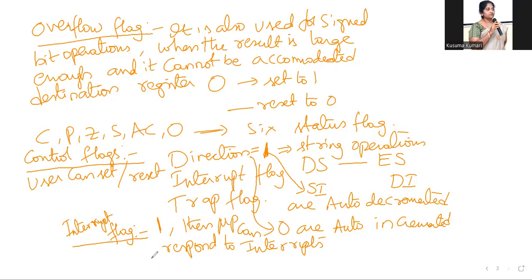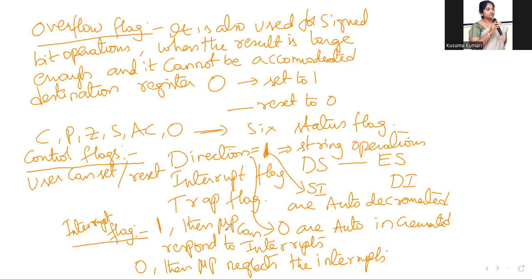If the interrupt enable flag is equal to 0, then the microprocessor neglects the interrupts. It cannot accept.